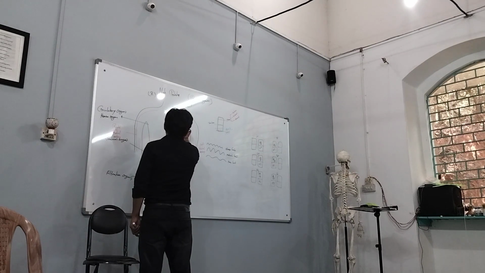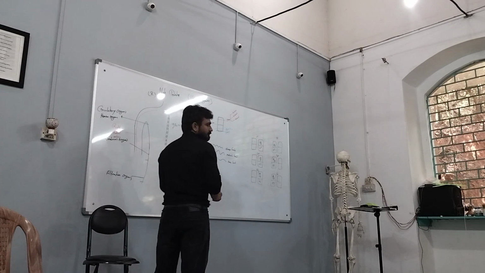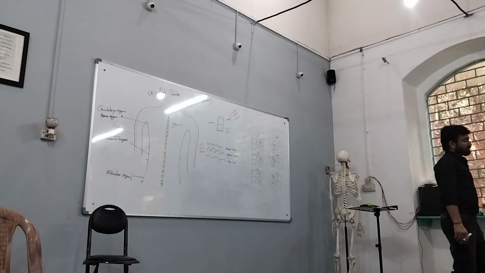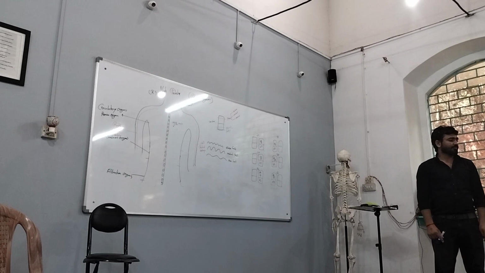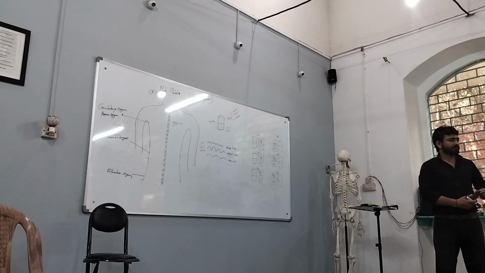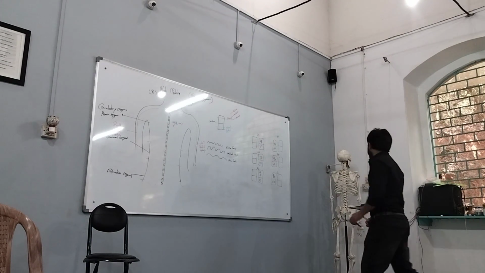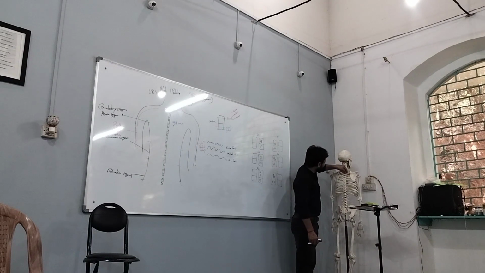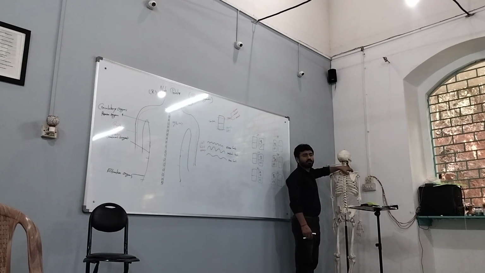T3 and T4. For example, this is T1, T2, T3. Between T3 and T4, from here 1.5 tune on the right side, here is your lung. Clear?